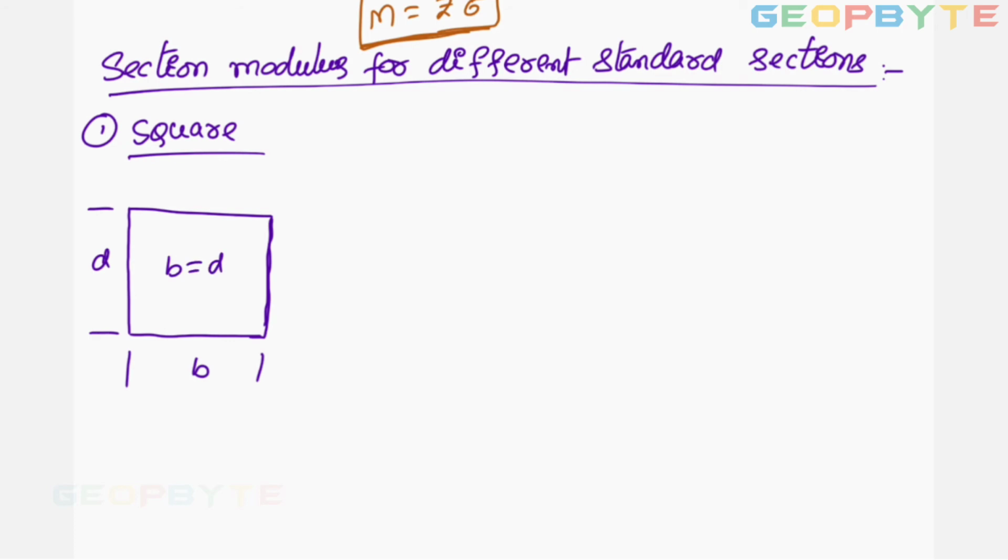Then for a square, I equal to bd cube by 12, but b equal to d, then I can say d power 4 by 12, y equal to d by 2.